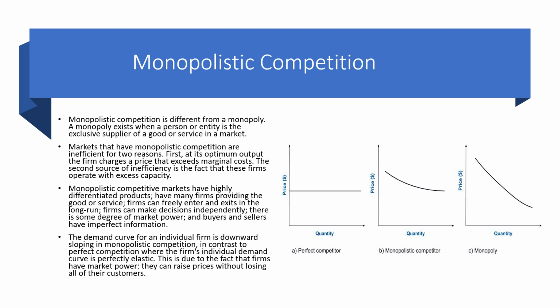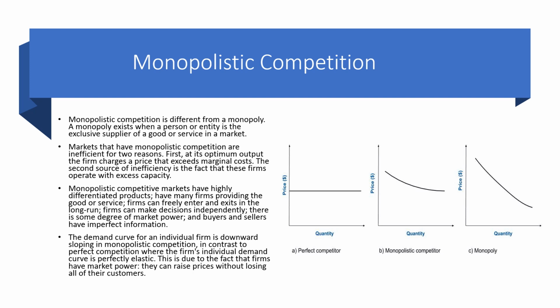So in a perfectly competitive market, the firm's individual demand is perfectly elastic. Firms don't have any market power to be able to raise the price. Whereas in the monopolistic competitive market, they have some power to be able to change their prices.